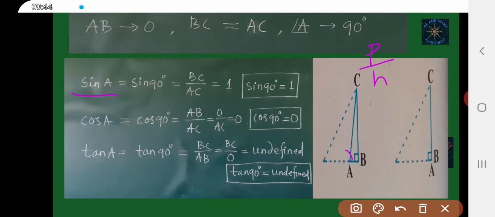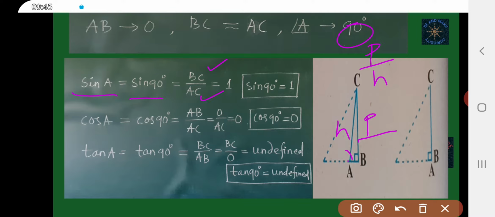P is your BC and H is your AC. So sin 90 degree is equal to BC by AC.